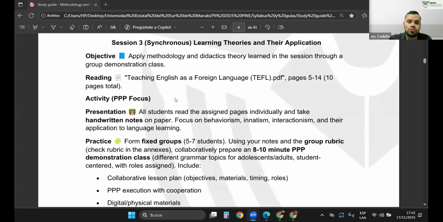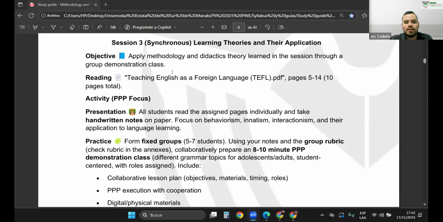Remember that most synchronous classes will be demo lessons, okay? Since you're going to be teachers, you have to practice a lot before you start your pre-professional practice, and that's why we're here.